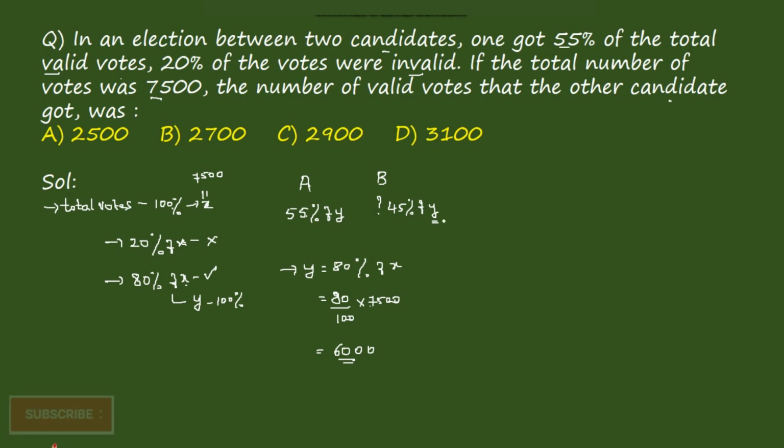Then 45% of Y is how much? We have to find the value of 45% of Y, which is nothing but 45 by 100 into 6,000. These two zeros get cancelled. Then just multiply it, which is equal to nothing but 2700. So the number of valid votes that B would be getting is written in option B only, right?